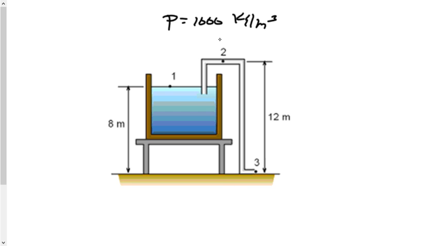Well, assuming that the pressure is 101,300, the way we can find that is just say pressure equals rho g h, rho being that density, g being the gravity, and h being the height.